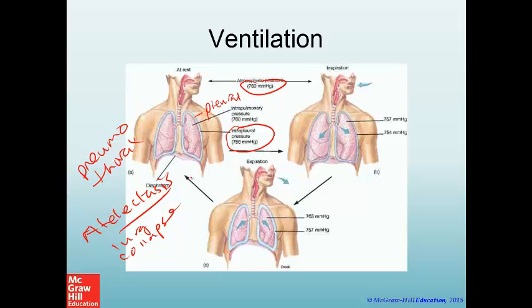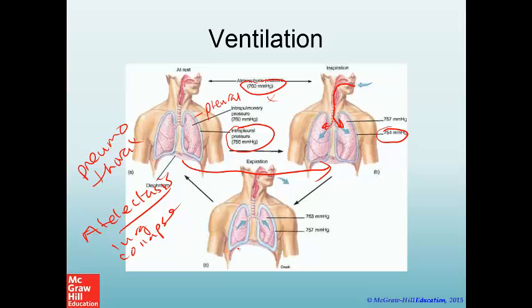Under normal conditions, however, inspiration, the diaphragm contracts as we go from here to here, right? Pulls on the lungs because of that fluid cohesiveness. The pressure inside the lungs now becomes less than atmospheric pressure. So air moves into the lungs.